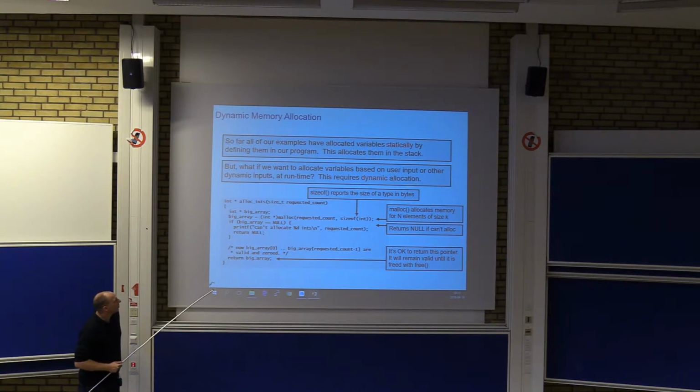Because if you can't allocate memory in the program, it depends on the specific application. Can you handle it? Then maybe you try to do something else, or free some memory. But in many situations, it's better to fail than to try to proceed without having allocated the memory, because then most likely you will run into other problems later on.